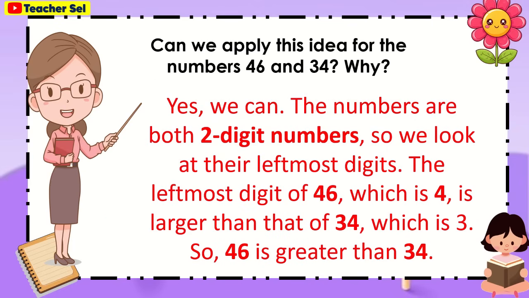Can we apply this idea for the numbers 46 and 34? Yes, we can. The numbers are both two-digit numbers, so we look at their leftmost digits. The leftmost digit of 46, which is 4, is larger than that of 34, which is 3. So 46 is greater than 34.